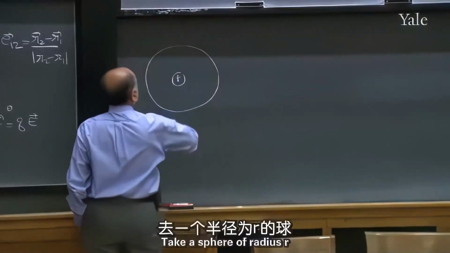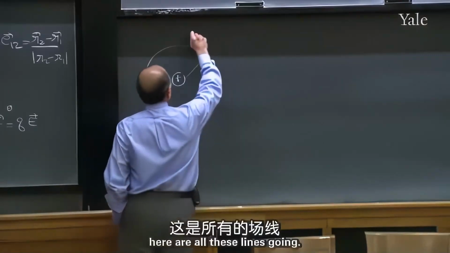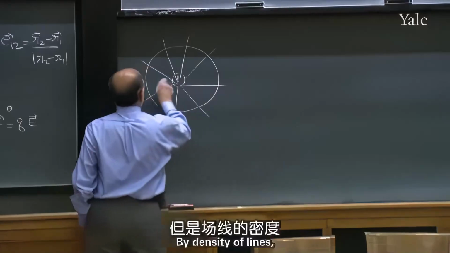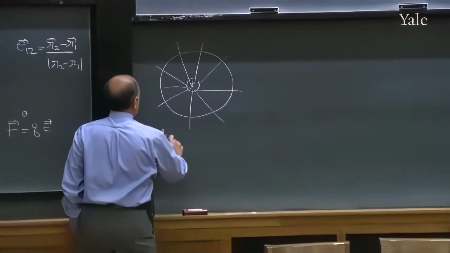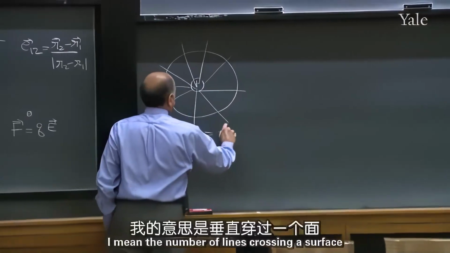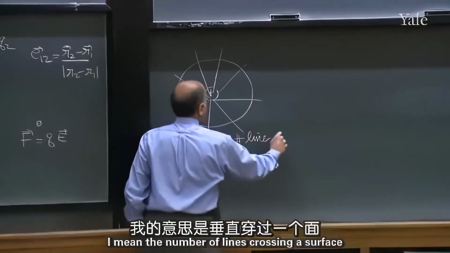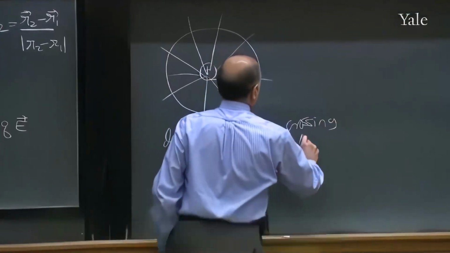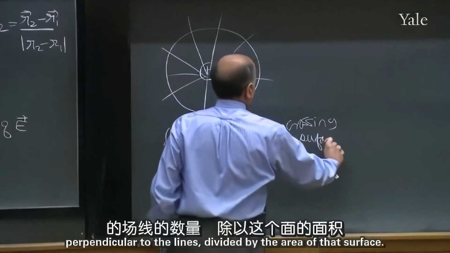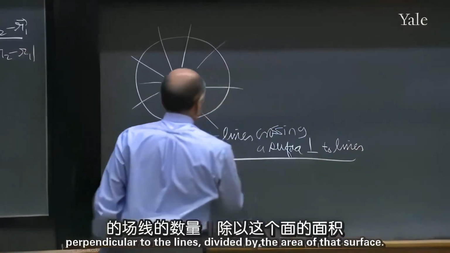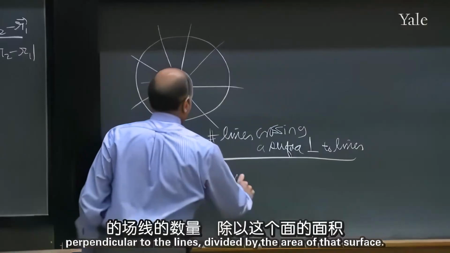Take a sphere of radius r, and here are all these lines going. By density of lines, I mean the number of lines crossing a surface perpendicular to the lines divided by the area of that surface.